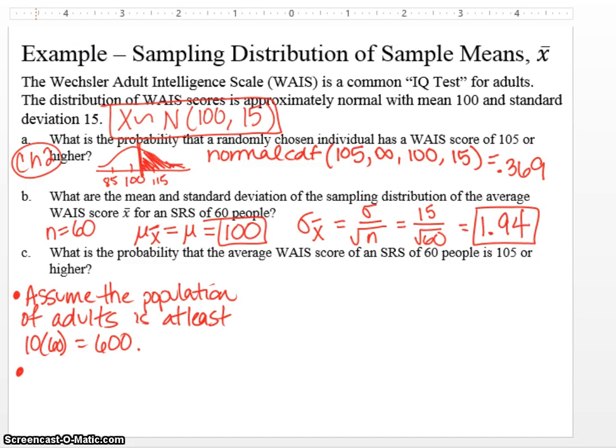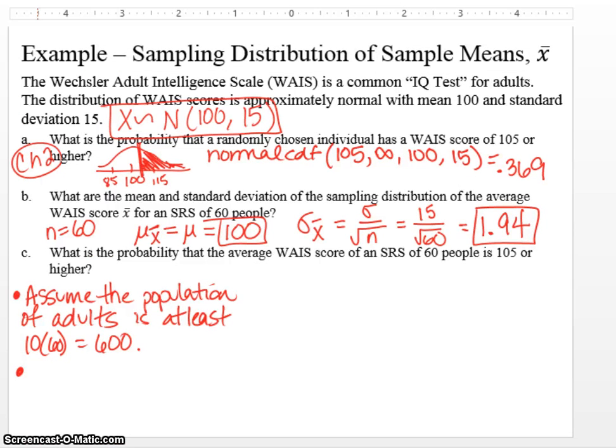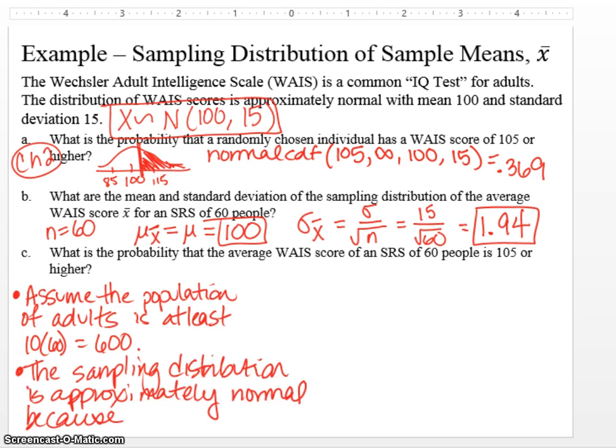So here we're going to write the sampling distribution is approximately normal because, how do we know?